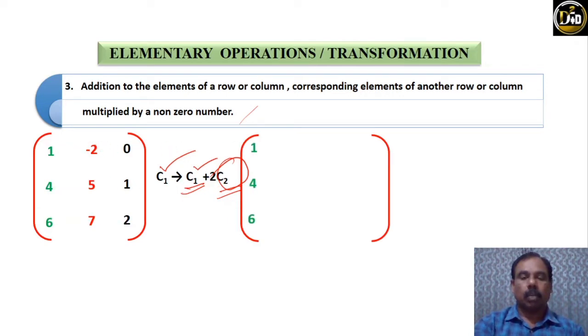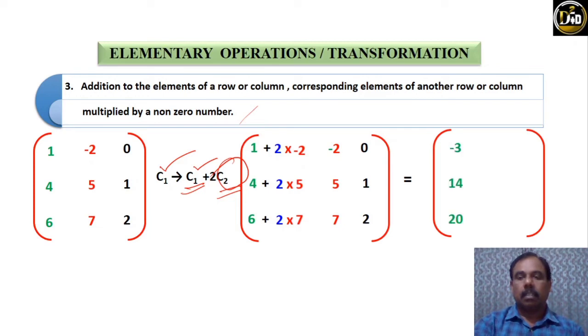First column, that is 1, 4, 6, plus 2 times of the elements of the second column, that is minus 2, 5, 7. Second and third column remain same. On simplification, we get the first column as minus 3, 14, 20, that is 1 plus 2 times of minus 2, that is minus 3. 4 plus 2 times of 5 is 14. 6 plus 2 times of 7 is 20.